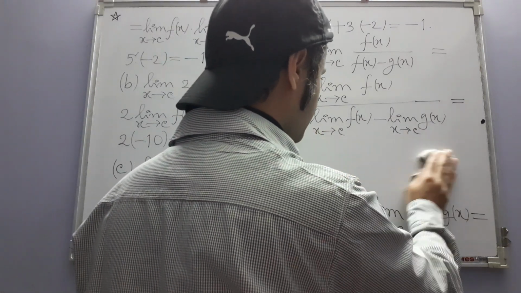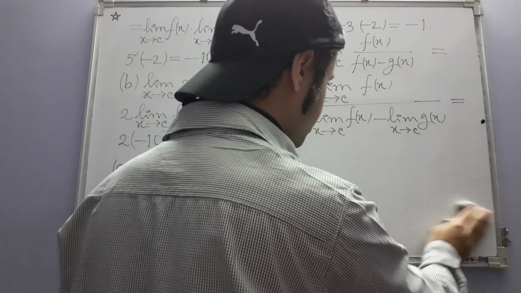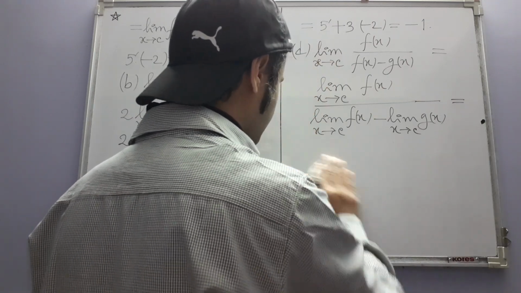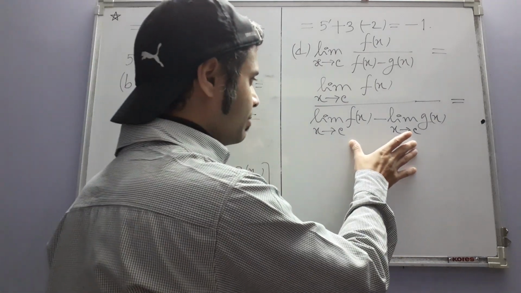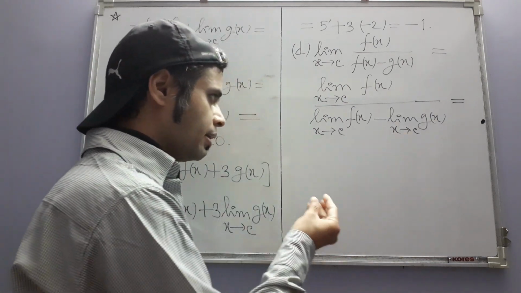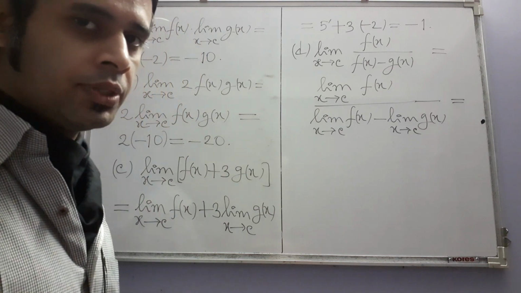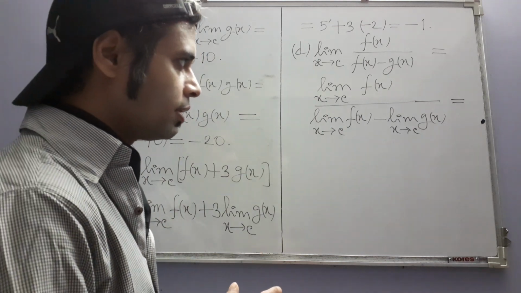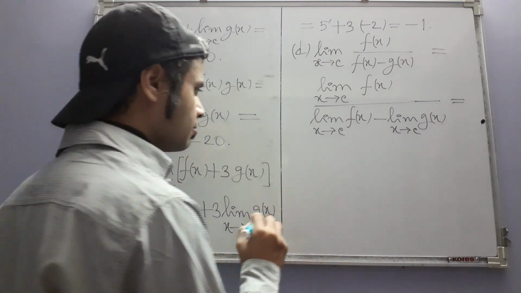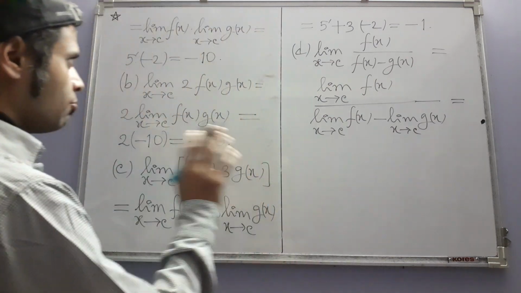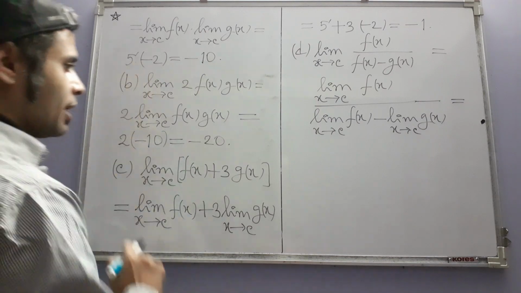But let me remind you of that little caveat when you are applying the quotient rule, namely that ultimately you should not end up with a 0 denominator. If that happens, then the quotient rule is not applicable. In this case, however, it won't happen because now we will see what is limit of f of x. 5.